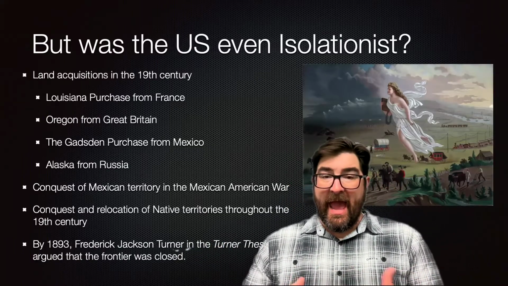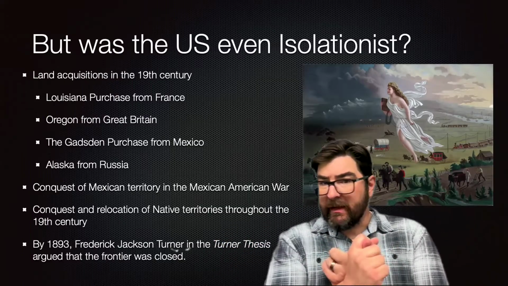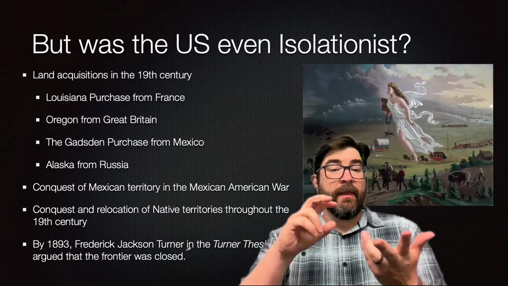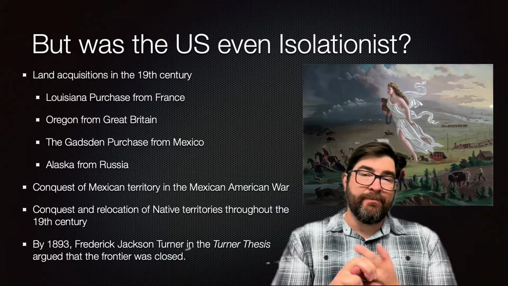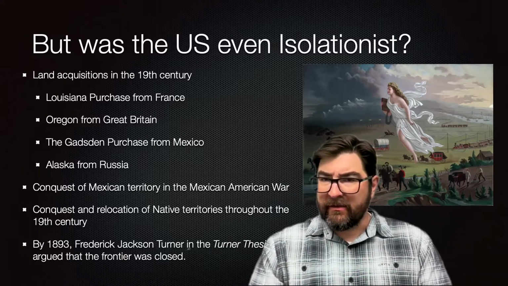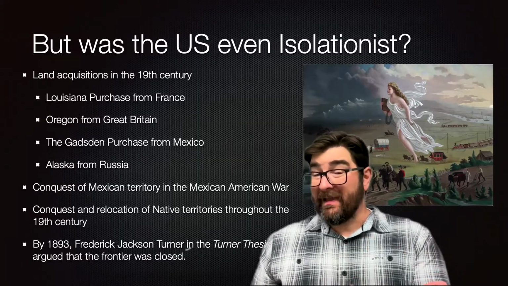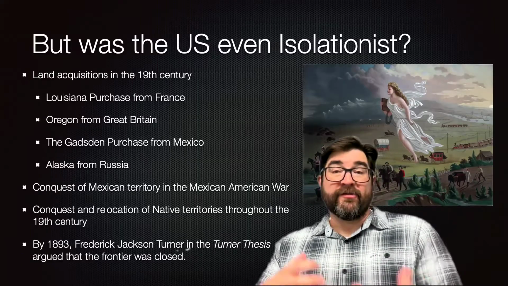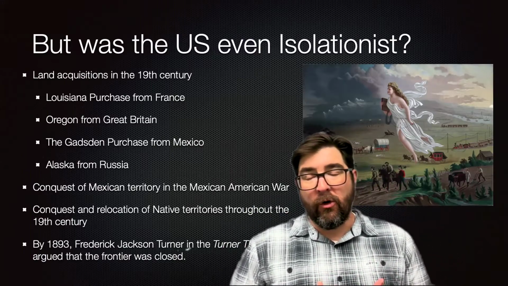The United States had expanded tremendously in the 19th century, purchasing land from France in Louisiana. We acquired Oregon in a treaty with Great Britain. The Gadsden Purchase from Mexico, giving us a little additional sliver of land in the Southwest. We purchased Alaska from Russia. There was conquest of vast Mexican territories in the Mexican-American War.